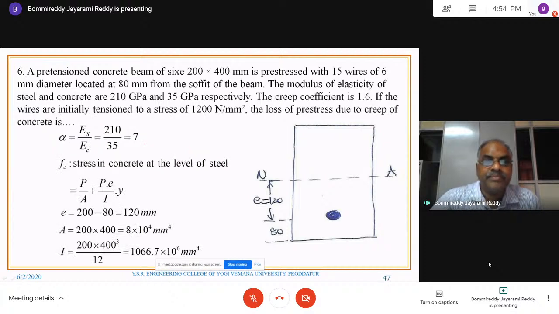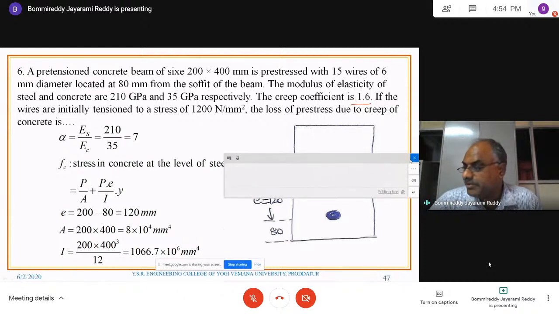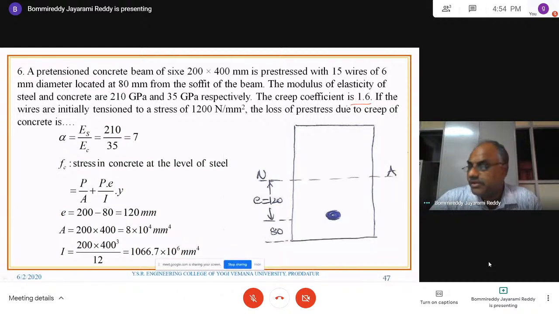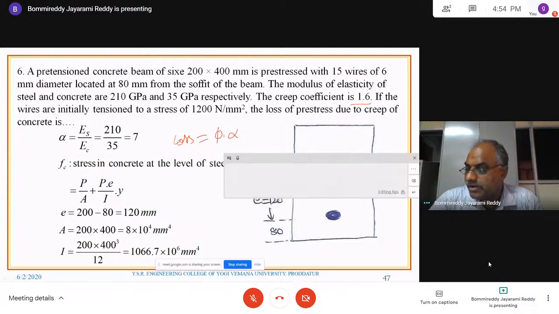Next one. The same problem here, the creep coefficient is given. Everything is same as the previous one. Creep coefficient is given. The question is, what is the loss of pre-stress due to creep of concrete? Loss will be phi into alpha into Fc.